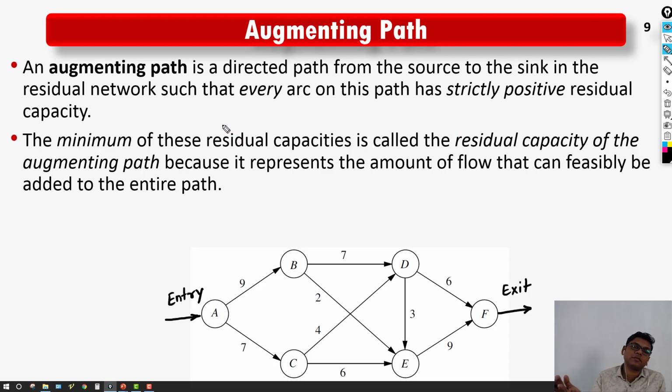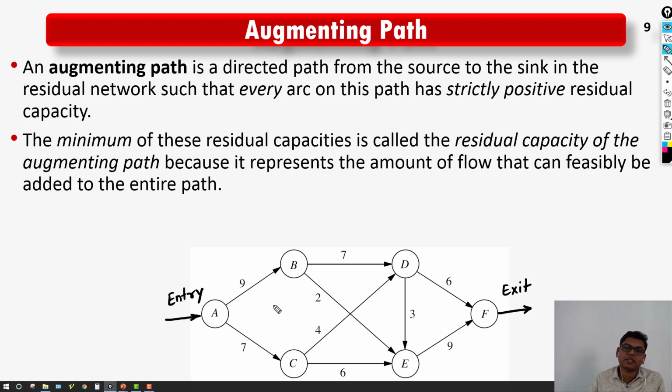For the residual network, in the previous slide we told how to find it. So it's a directed path from source to sink in the residual network, such that every arc or every link on this path has a strictly positive residual capacity.